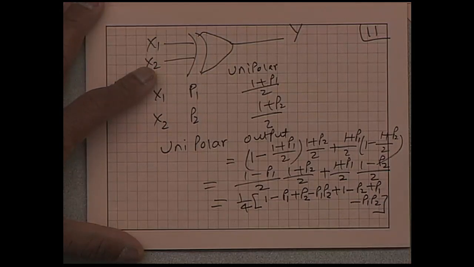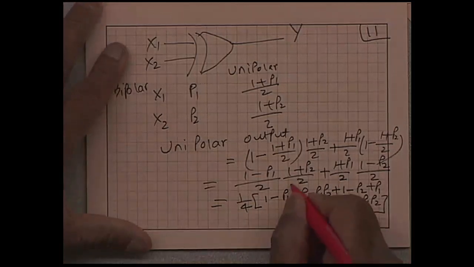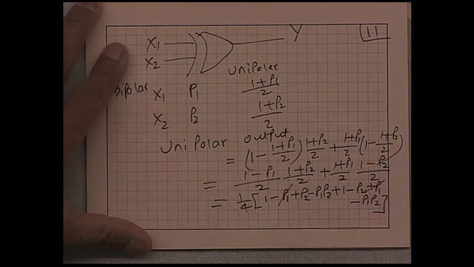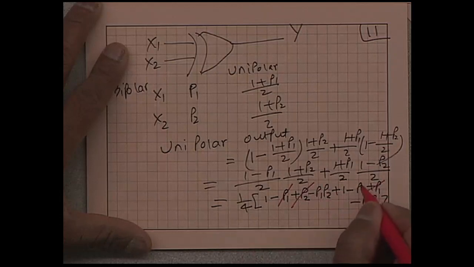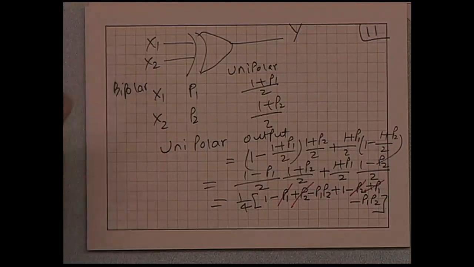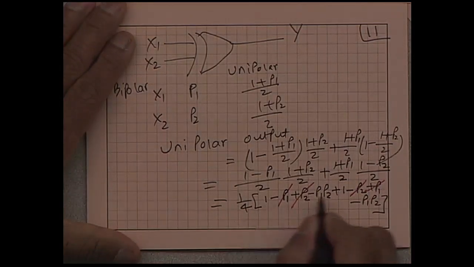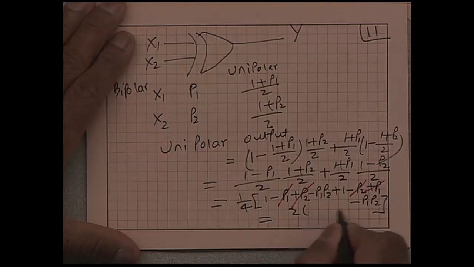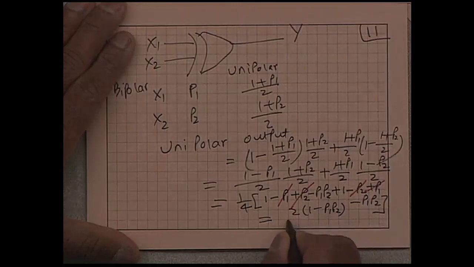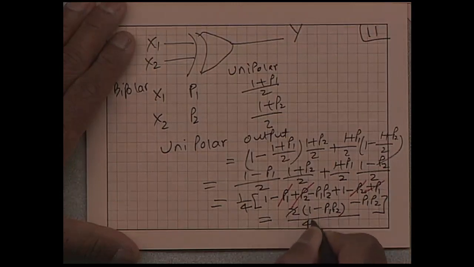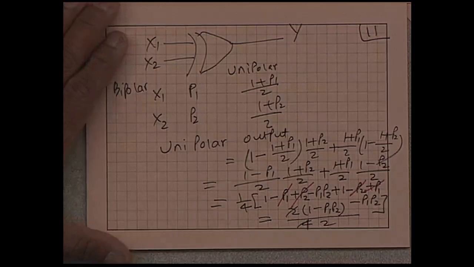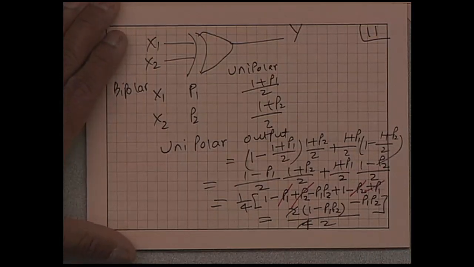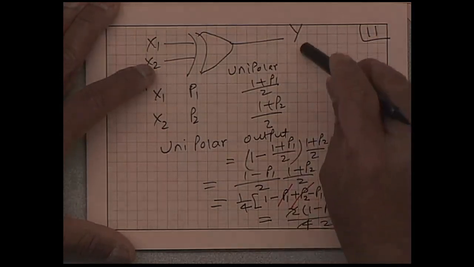So let's see if anything cancels out. I see that minus P1 cancels out, plus P2 cancels out. So we are left with 1 plus 1, which is 2, minus 2P1 P2. So 2 taken outside a bracket, 1 minus P1 P2 by 4. And I can cancel the 2 with a 4, which is 2. So 1 minus P1 P2 by 2 would be the unipolar output.